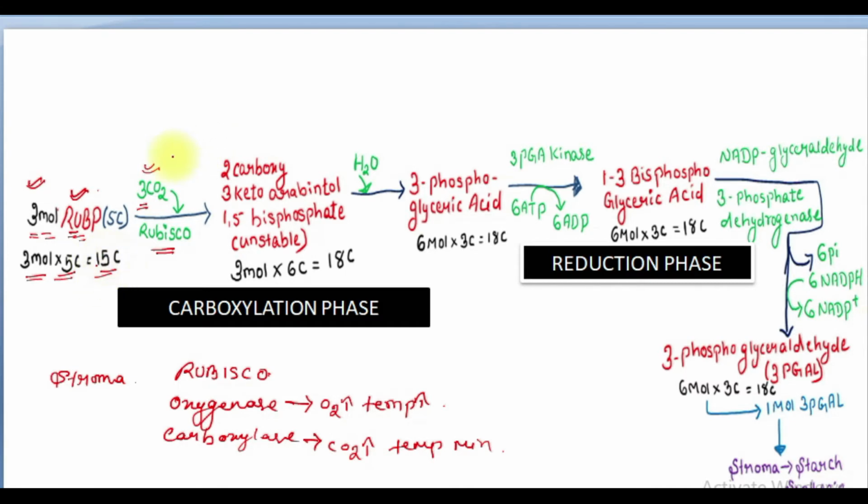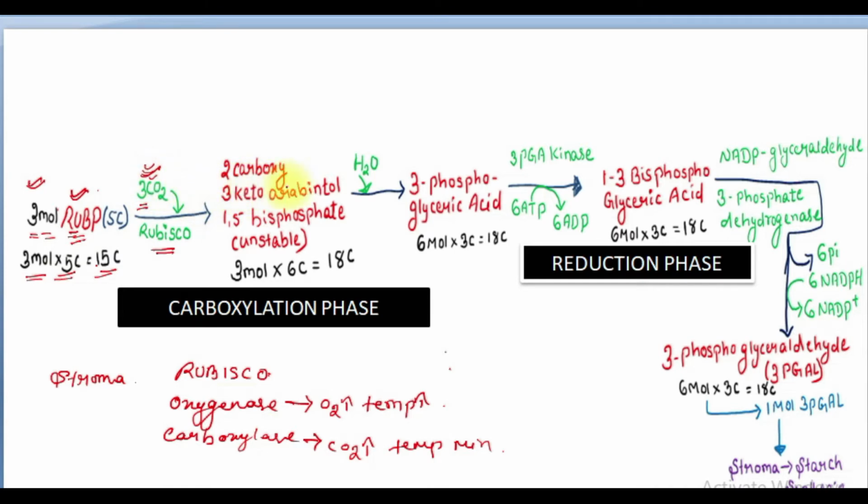From carbon dioxide we are getting only 1 carbon, so whenever we are using 3 carbon dioxide, we will get 3 carbon. Now we will get the next compound, a 6 carbon containing compound, 5 from RuBP and 1 from carbon dioxide.